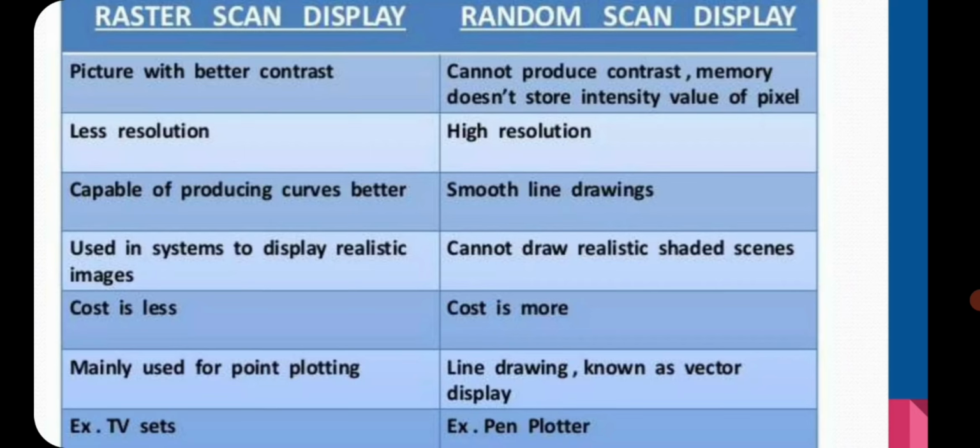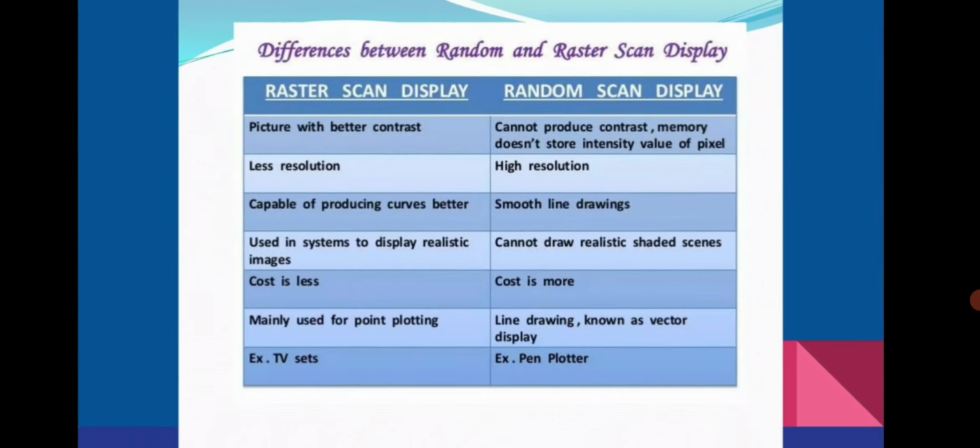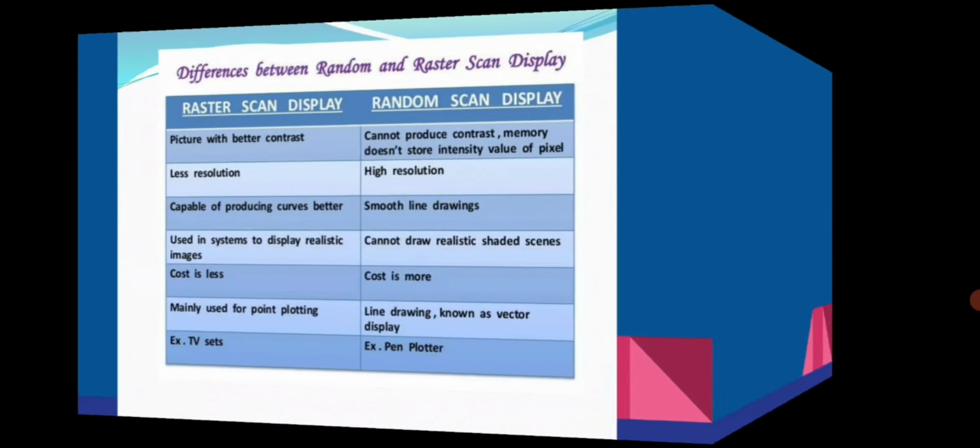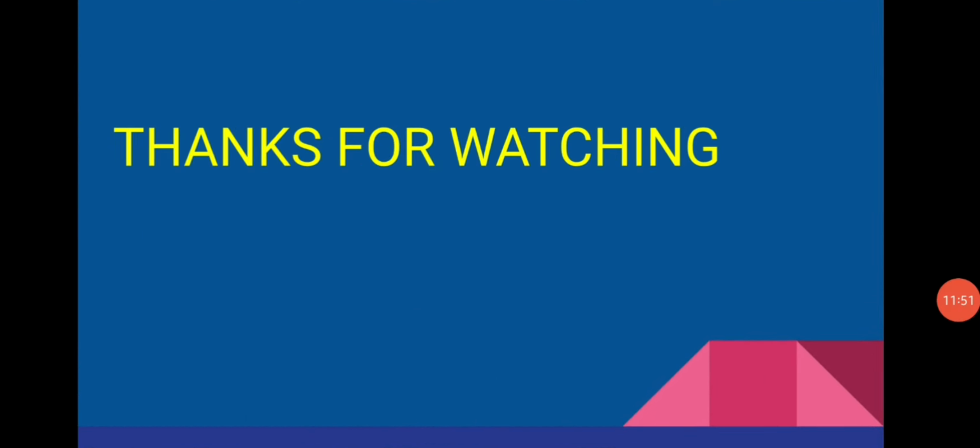The cost is less in raster scan and more in random scan display, which is mainly used for point plotting. For example, the TV set is raster. In random scan display, line drawing is also known as vector display. An example is the pen plotter, a display device where we can draw big pictures. So that's the difference between random scan and raster scan display devices. Hope it is easy to follow, and thanks for watching.